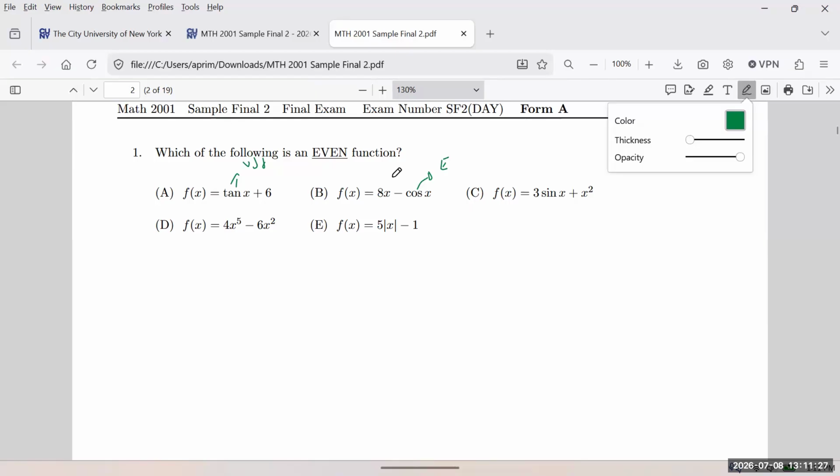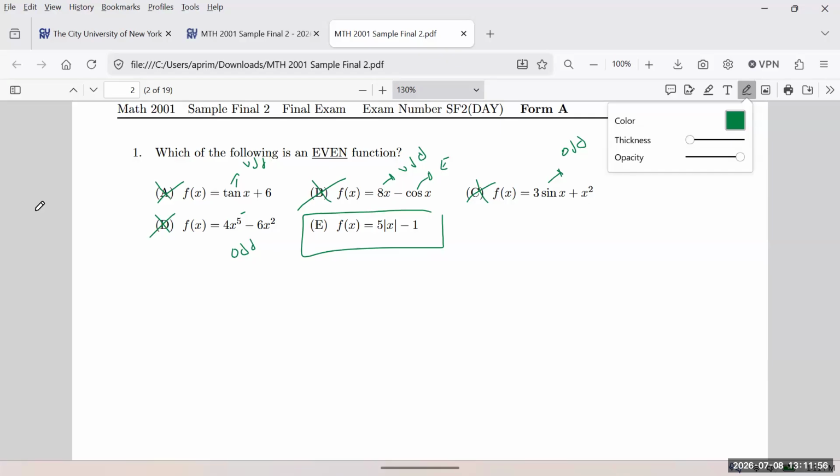Even. But what is x? Odd. Oh man, it was really bad. So it's not this, it's not this. What is sine? Odd. So definitely not this. What is 5? Odd. Definitely not this. So what is left? E. It must be this is the option.